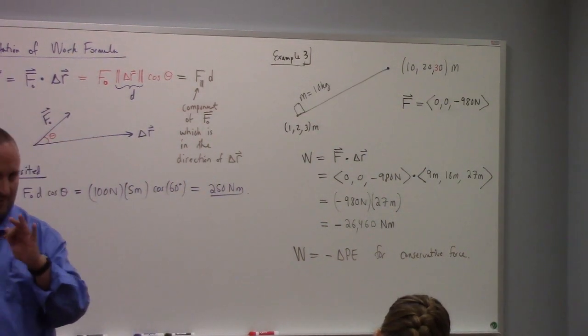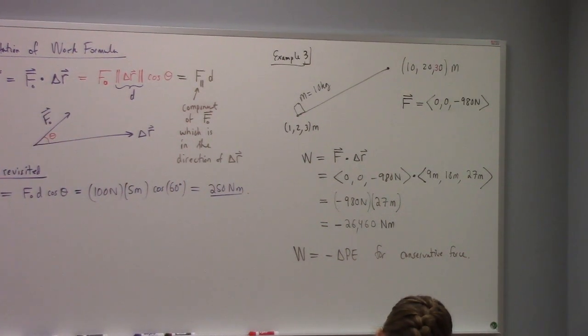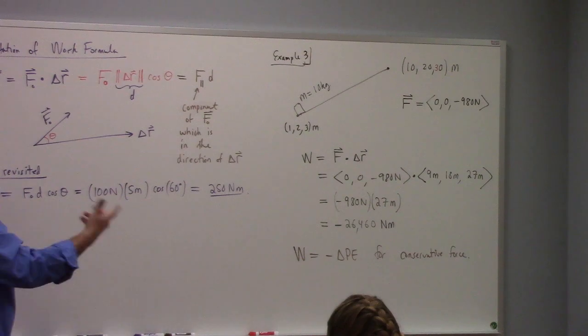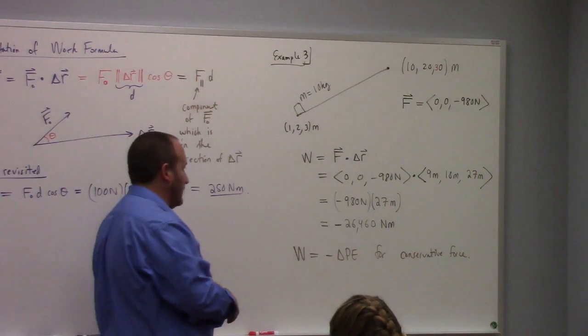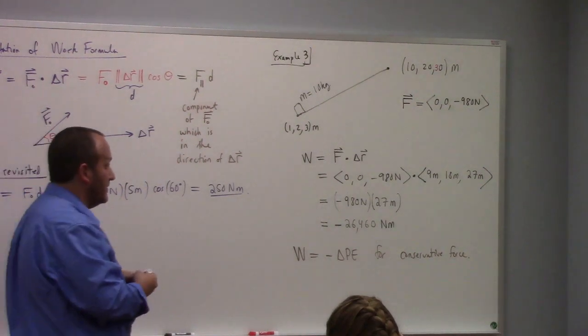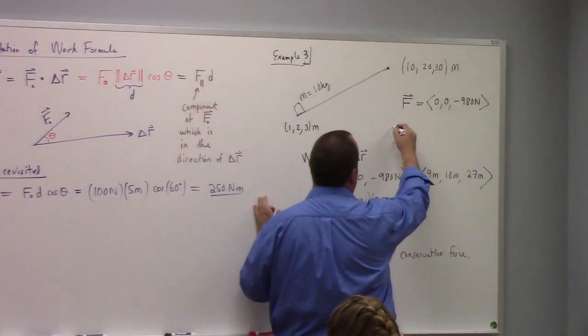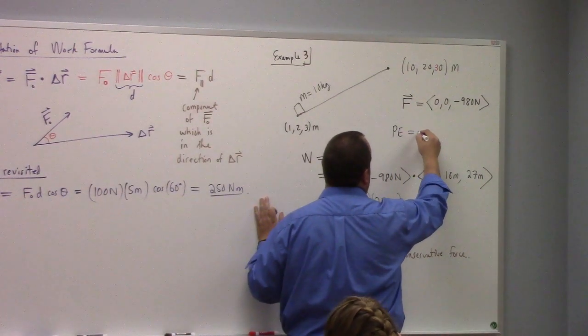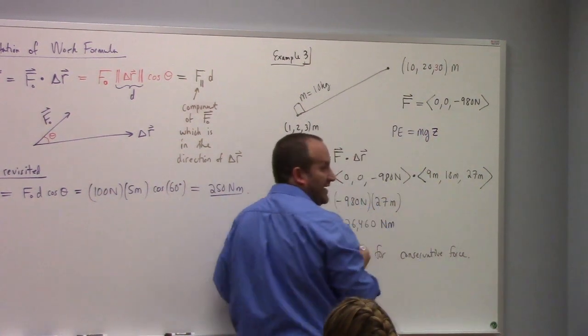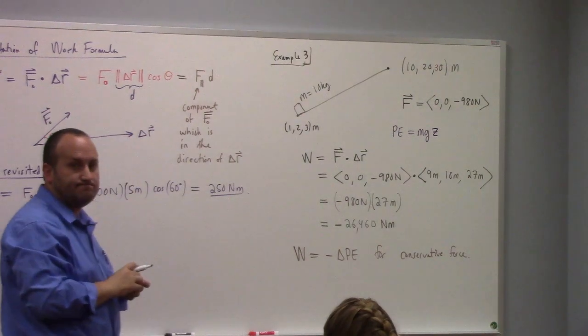This is a new storyline that we're starting to develop. So work is minus the change in potential energy when the work is done by a conservative force. What's the potential energy here? It's mgZ, because Z is the h in this problem.